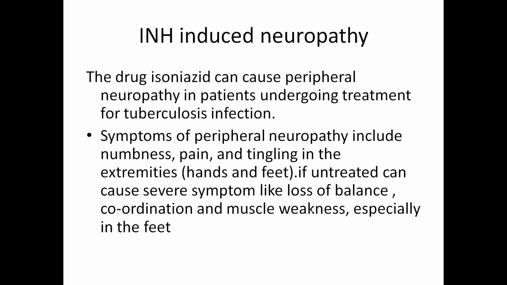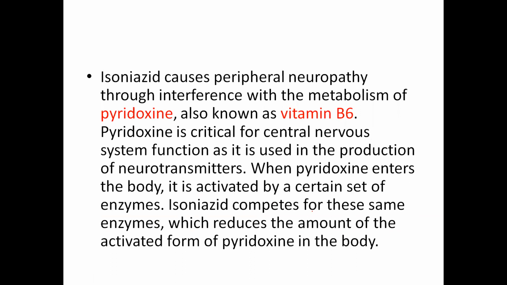Isoniazid can cause drug-induced peripheral neuropathy in patients undergoing treatment for tuberculosis infection. Symptoms of peripheral neuropathy: numbness, pain, tingling in the extremities. If untreated, it can cause severe symptoms like loss of balance, loss of coordination, and also muscle weakness, especially in the feet. So isoniazid causes peripheral neuropathy through interference with the metabolism of pyridoxine, which is vitamin B6.